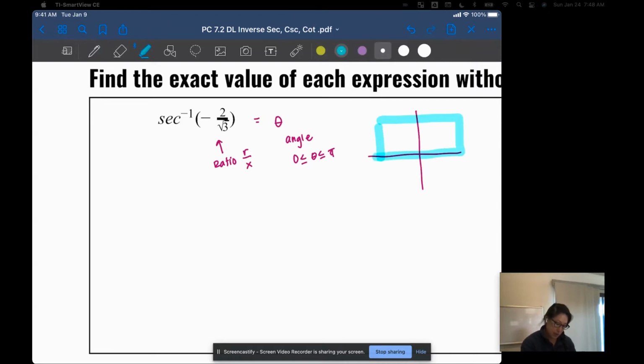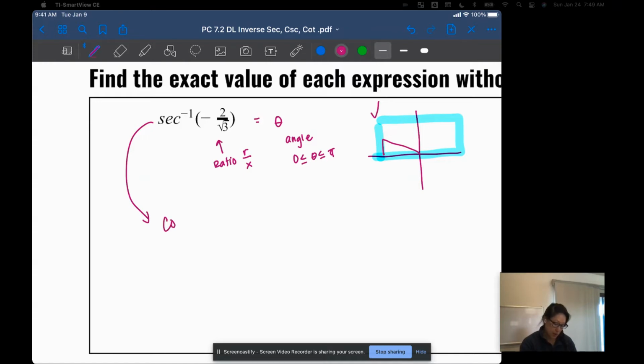I look at my ratio. It is negative, so it's going to be in the second quadrant. I'm going to draw my triangle in, and now go ahead and use the reciprocal.